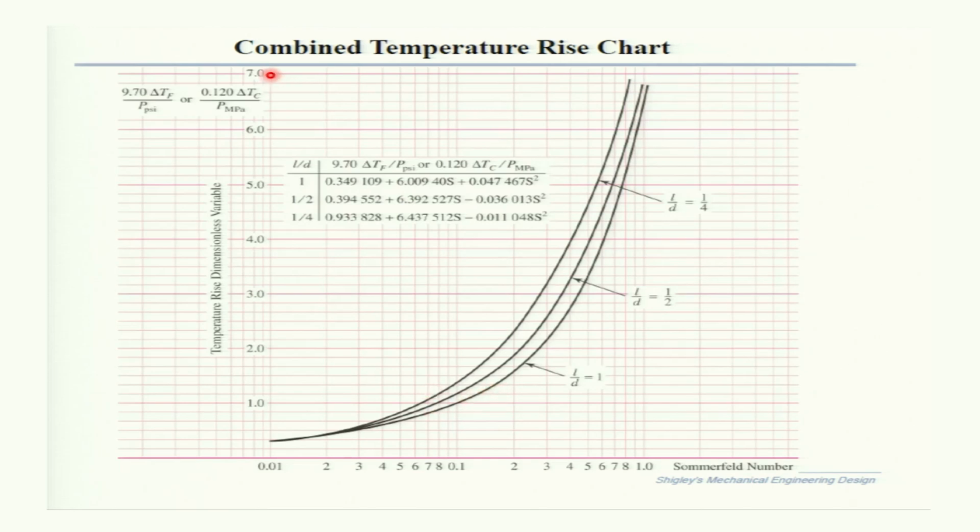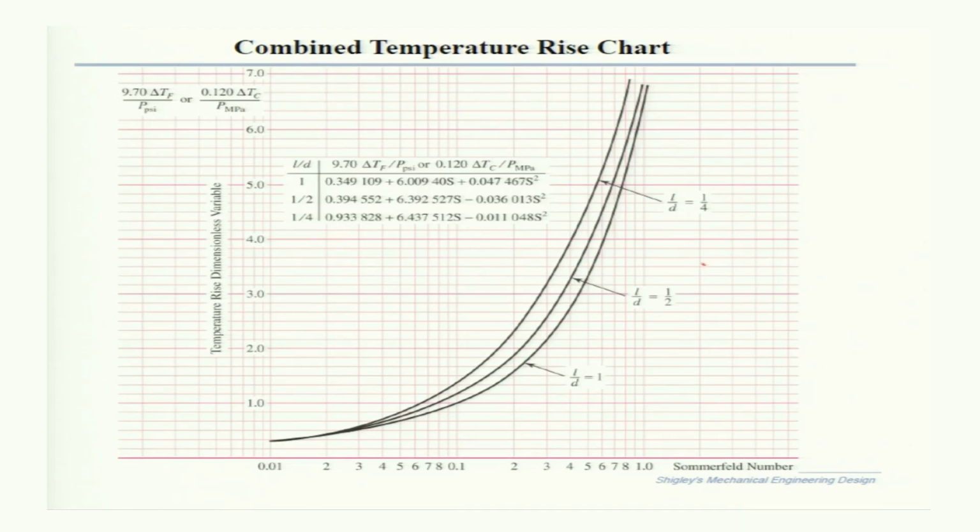So, along the y axis is 0.12 delta T divided by your unit bearing load in megapascal, and along the x axis is the Sommerfeld number. Knowing the Sommerfeld number, knowing the L by D ratio, you can get the temperature rise dimensionless variable, and from that you may get this delta T. So, in one of our charts, we were discussing which temperature is to be taken to determine the Sommerfeld number, because all these charts are in terms of Sommerfeld number.